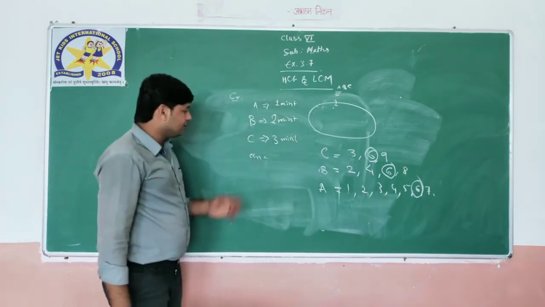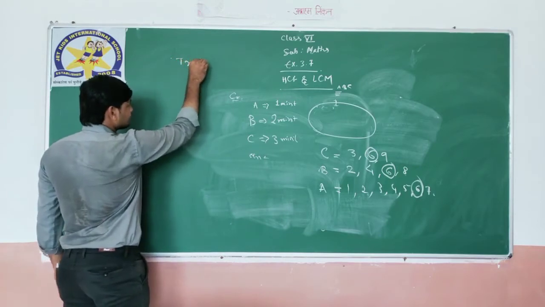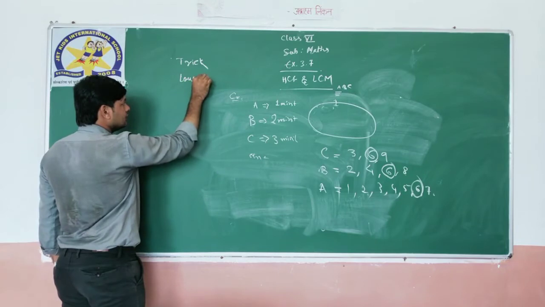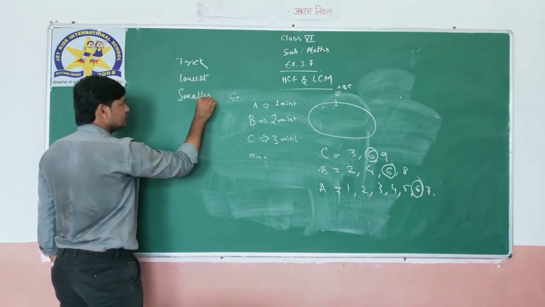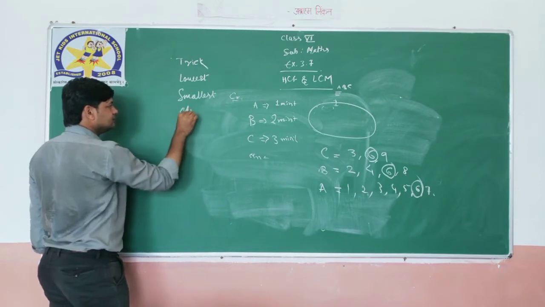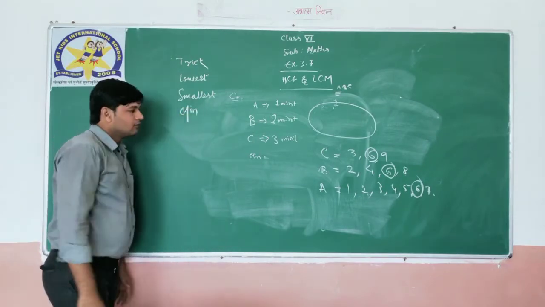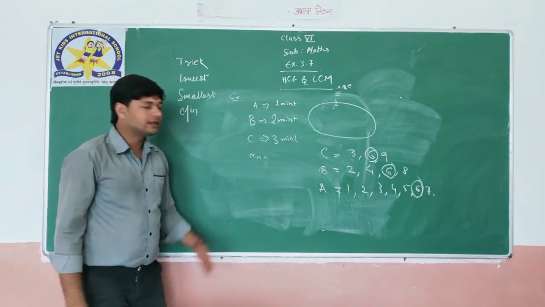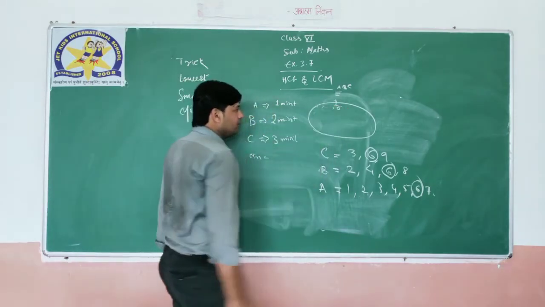So where lowest, smallest and minimum is given, there we can use our LCM. We can apply LCM. So after 6 minutes they can meet over here.